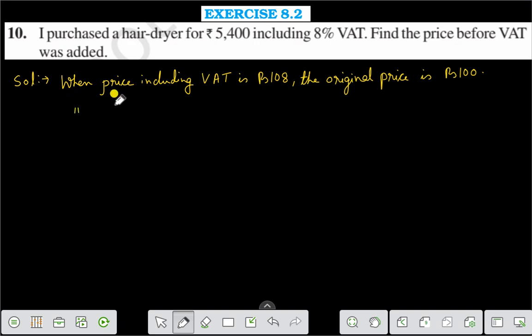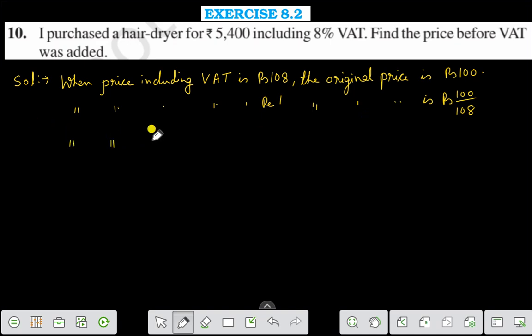When the price including VAT is rupee 1, the original price is rupees 100 by 108.